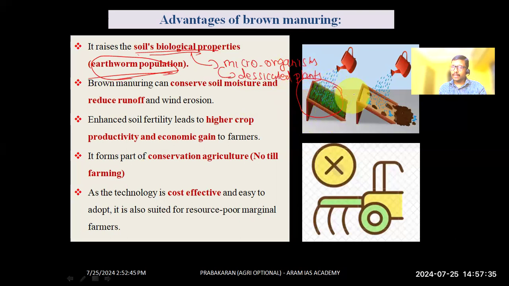If you observe this diagram, you will come to know it also conserves the soil moisture and prevents the soil from erosion. See, in this soil, plant roots were binding, whereas in this soil, there were no roots binding the soil. Because of it, it conserves the moisture and reduces erosion. Here it was susceptible to erosion, whereas here there is no or less erosion.